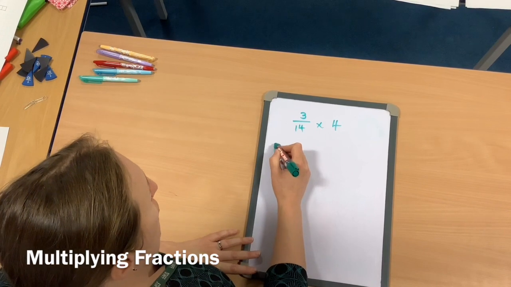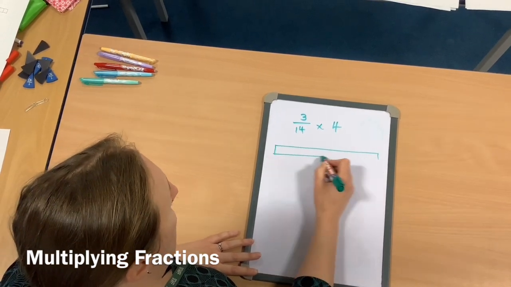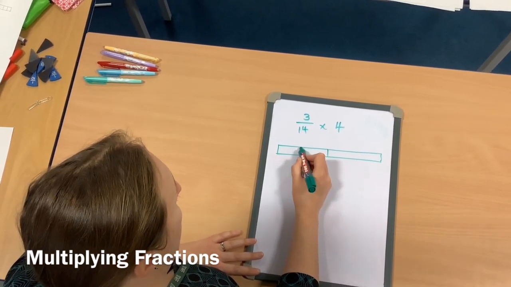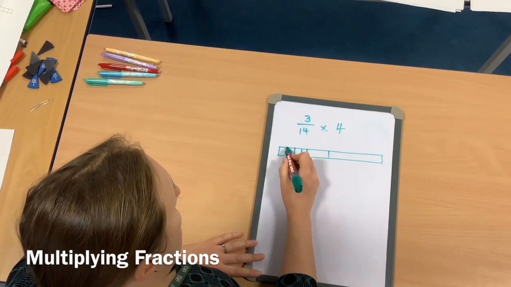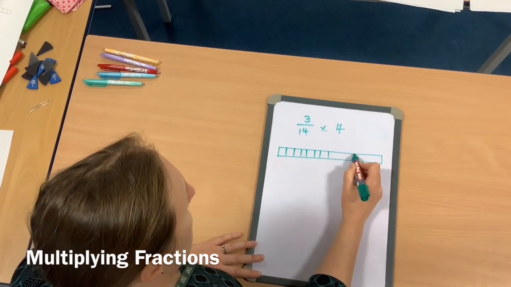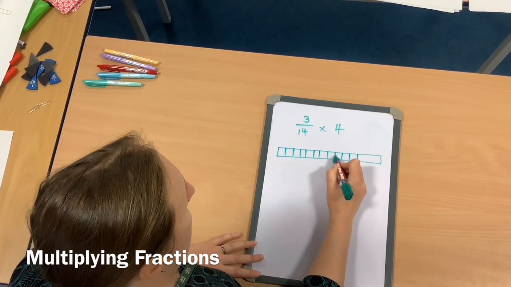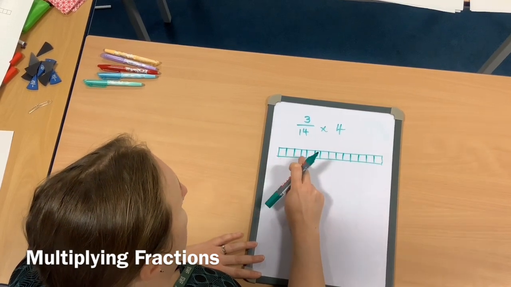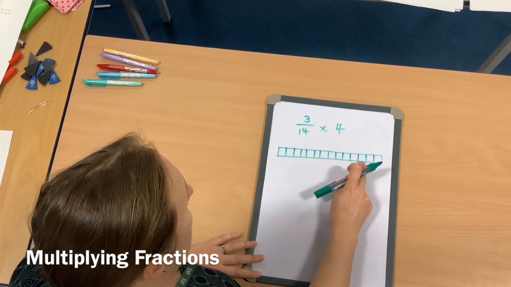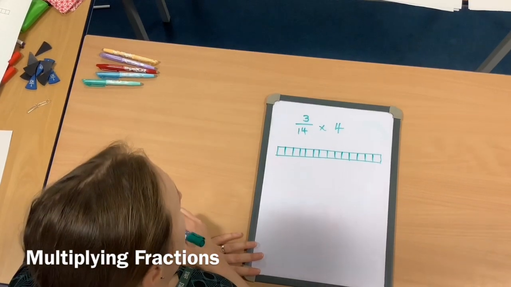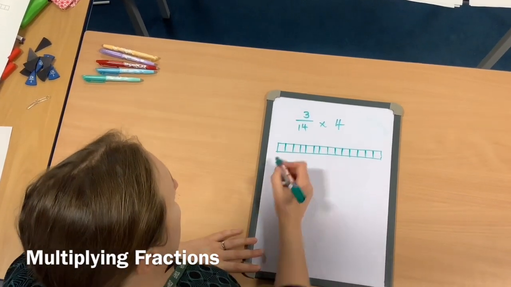So second example then, 3/14 multiplied by 4. My denominator is 14, so at the end I am going to have a denominator of 14 still. I'm going to draw my bar just to show you, in case you find that helpful. It's even harder, just split it into 14 equal parts. 1, 2, 3, 4, 5, 6, 7, 8, 9, 10, 11, 12, 13, 14. Okay, so there's my 14ths, and I want 3/14.